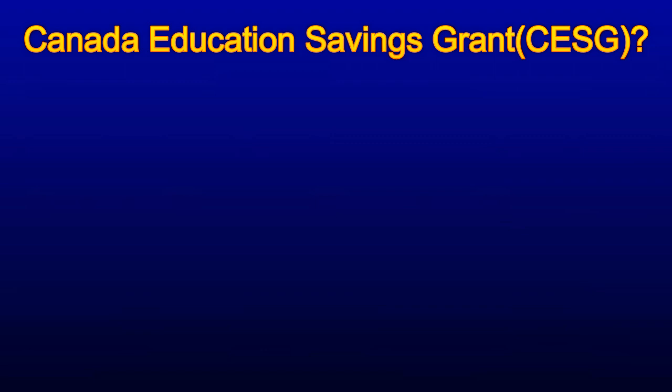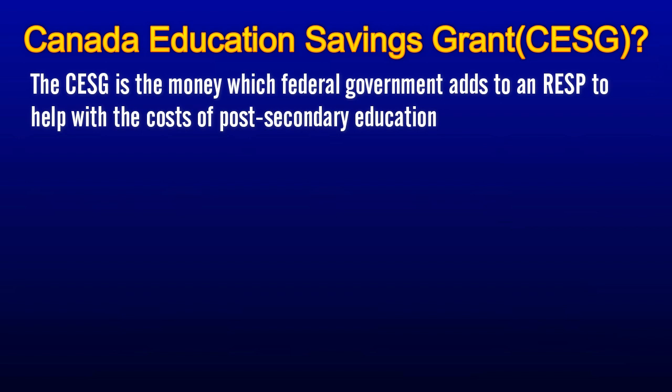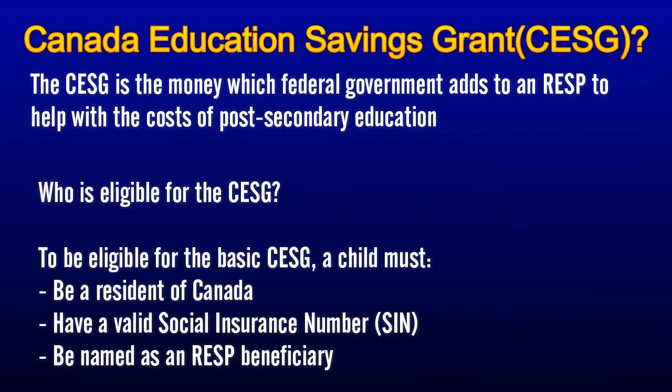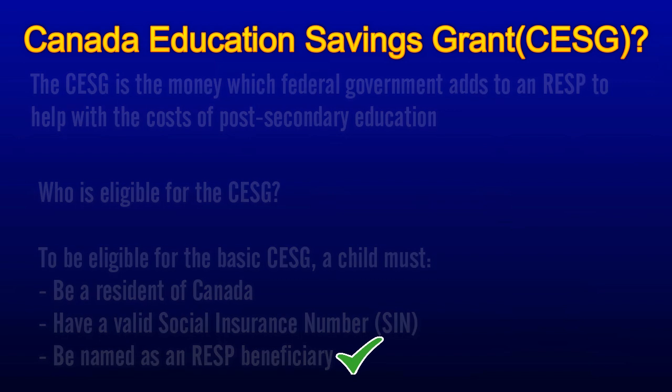Now let's see what the Canada Education Savings Grant is. The CESG is money which the federal government adds to an RESP to help people with the cost of their kids' post-secondary education. Who is eligible for CESG? To be eligible for the basic CESG, a child must be a resident of Canada, must have a valid SIN, and must be named as an RESP beneficiary.